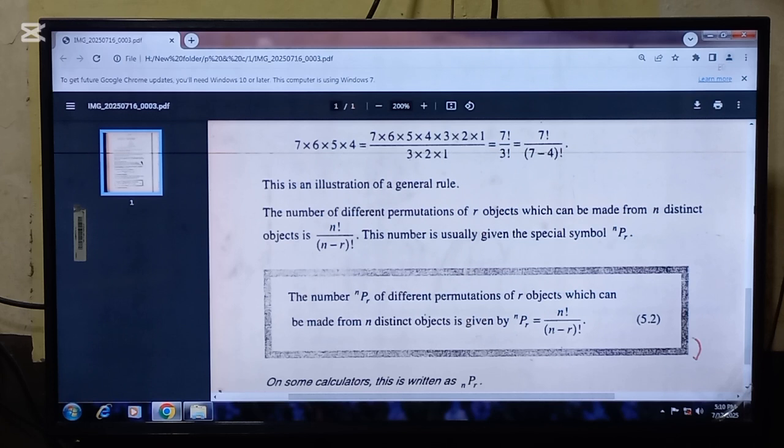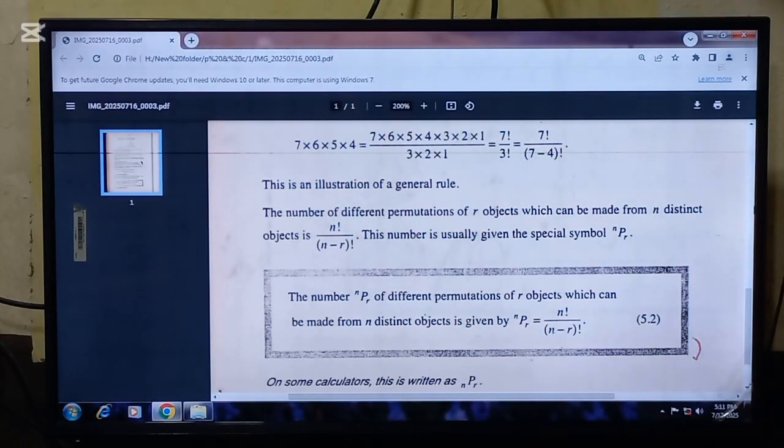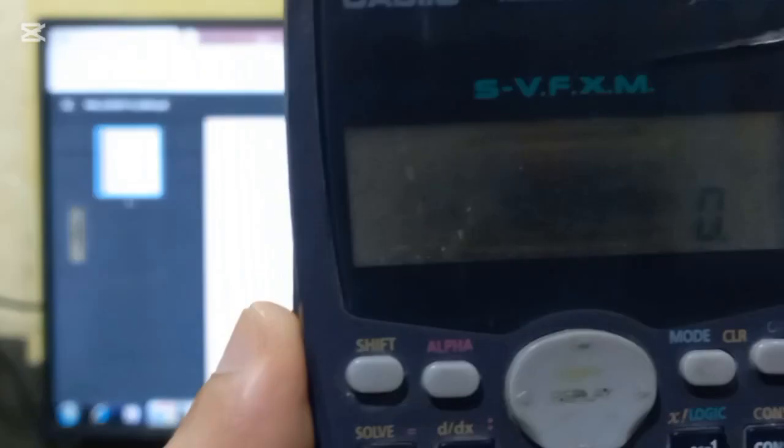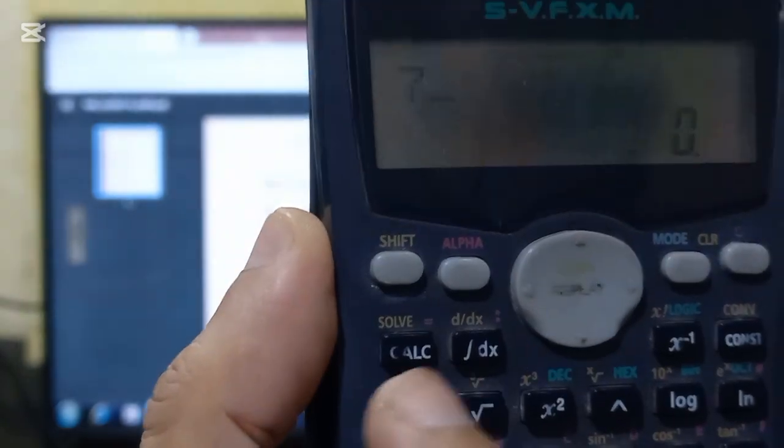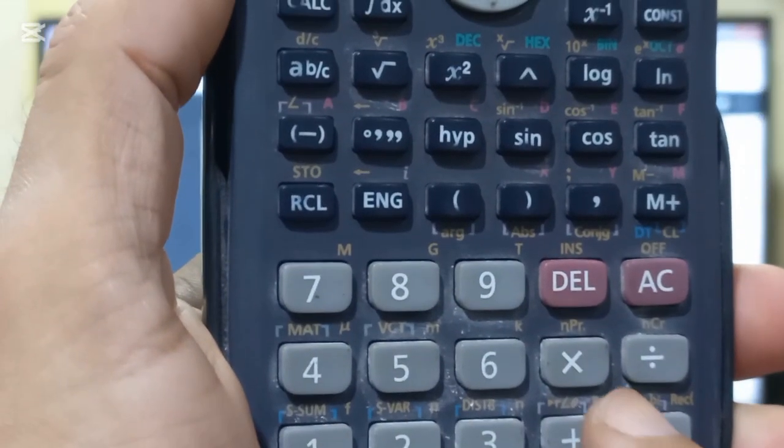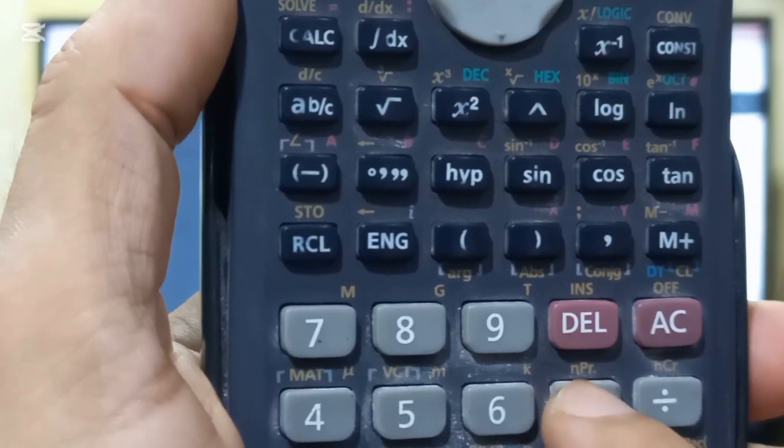And how permutation can be solved on the calculator, I'm going to tell you. Here is the screen. Actually that is 7P4. So look now how to solve 7P4. You will have to press 7 first. Then shift will be pressed. Here is shift. And on the multiplication button, you can see here is nPr.